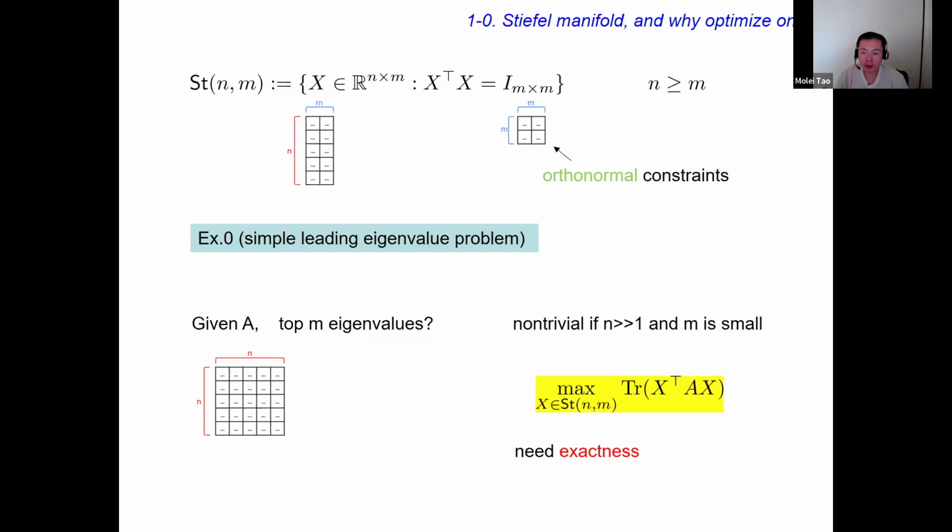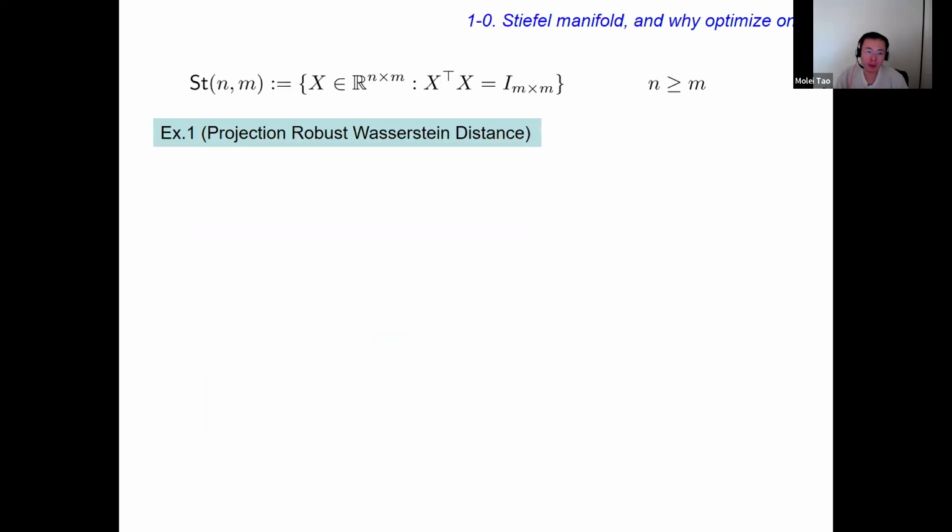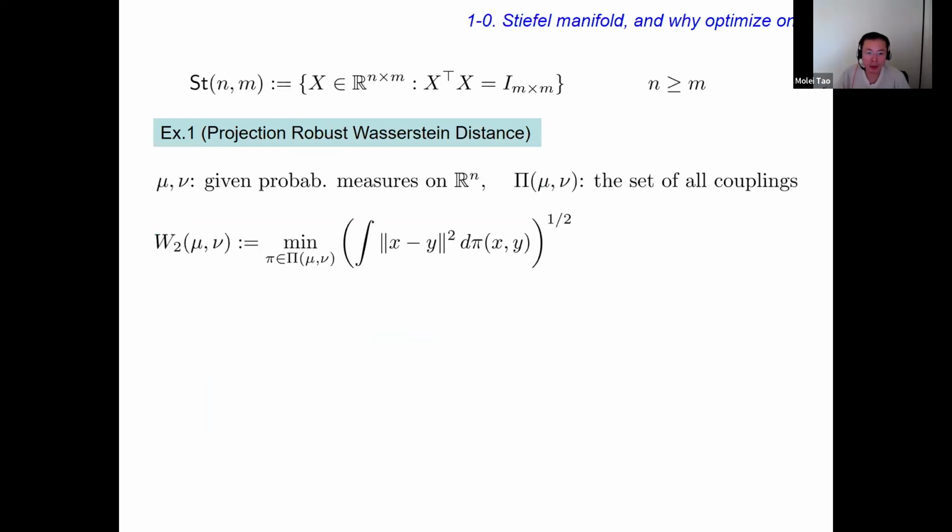But if you are still not happy, here is a harder problem. This is a practical application called projection robust Wasserstein distance. It's an application where you can compute the distance between two probability measures. There are many ways to compute the distance between probability measures. For example, Wasserstein distance is a very useful one.